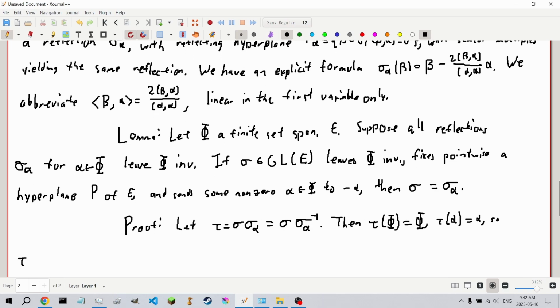So tau acts as the identity on the subspace spanned by alpha, and on the quotient E over R alpha.